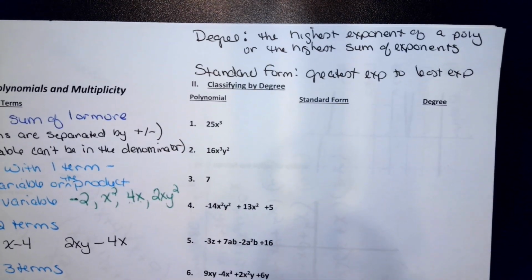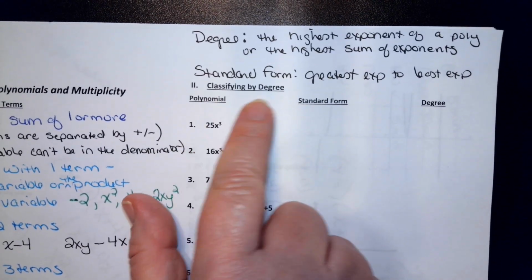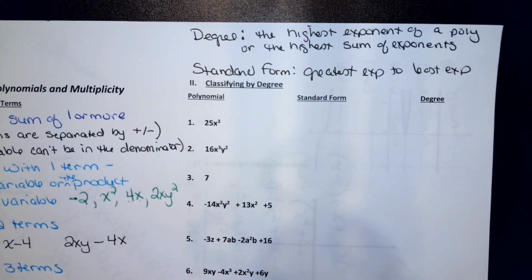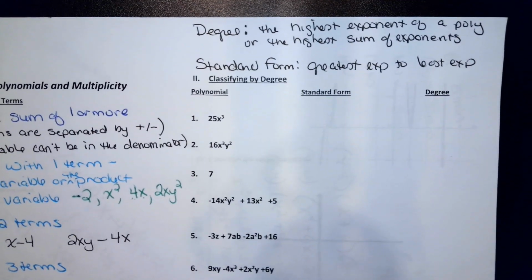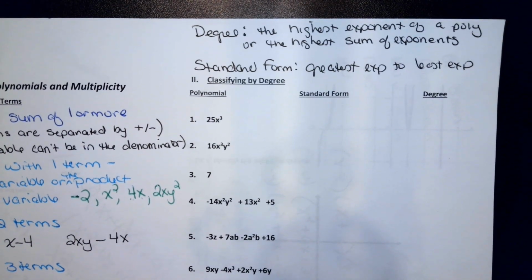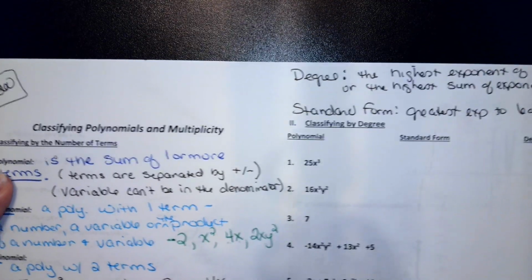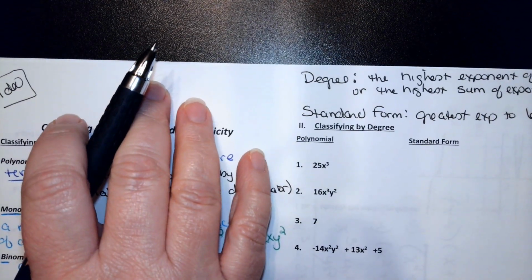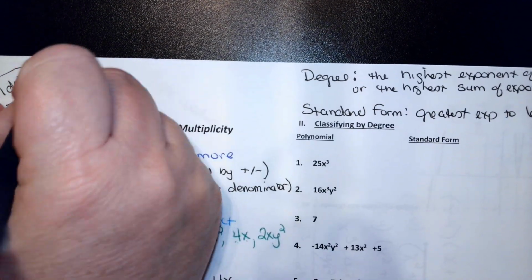All right, so right here for number 1. They're asking us to classify by the degree. So classifying by degree, we need to know what each degree represents. So I'm going to come right here, and we're going to write out our degrees.